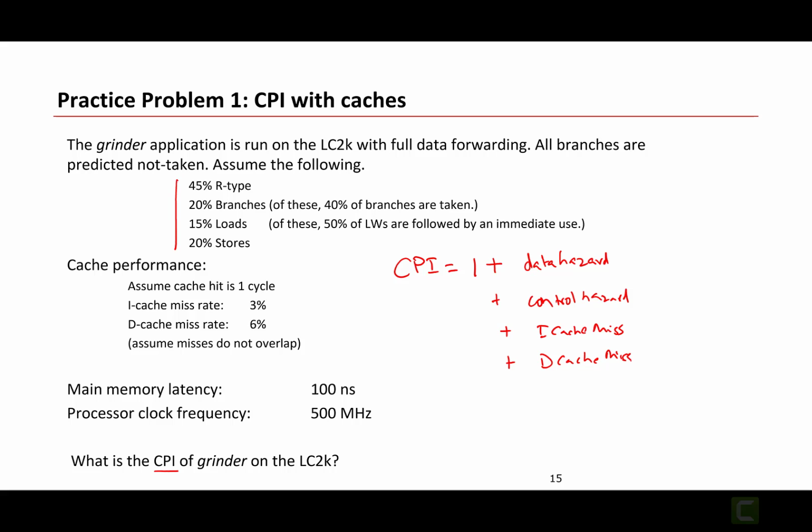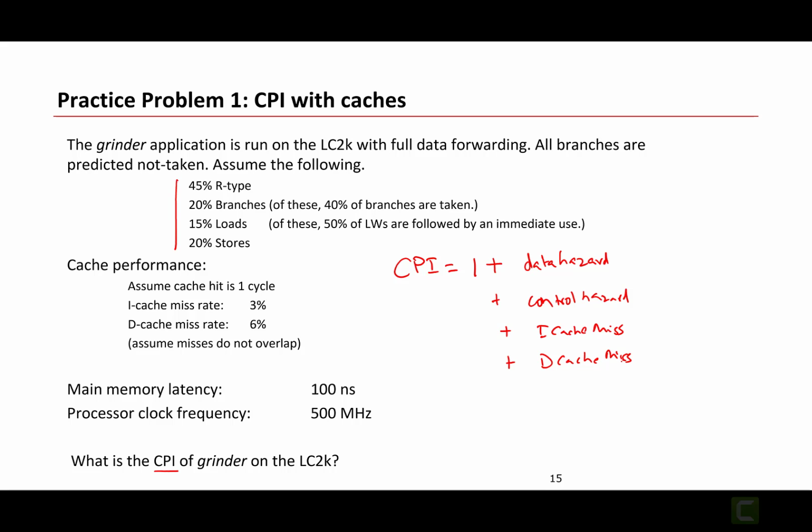Keep in mind that every instruction needs to access the instruction cache to get the instruction, so every instruction can potentially miss the cache. The data cache, on the other hand, is only going to be accessed by loads and stores. Okay, so these are the 4 components, and now we have to think about what these 4 components are for this given problem.